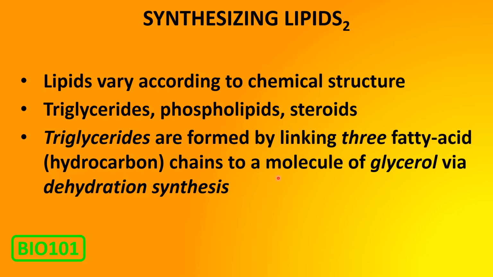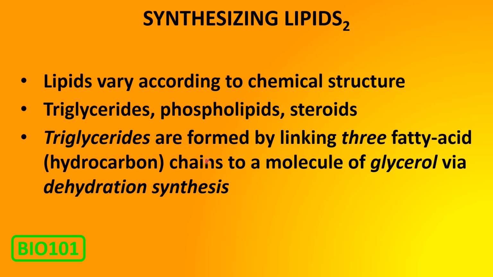Okay, synthesizing lipids. Lipids vary according to chemical structure. We have triglycerides, phospholipids, steroids in the case of hormones. So let's talk about triglycerides real quick. These are, so you have three components, three subunits connected to a glycerol molecule. Glycerol is just a little three hydrocarbon chain.